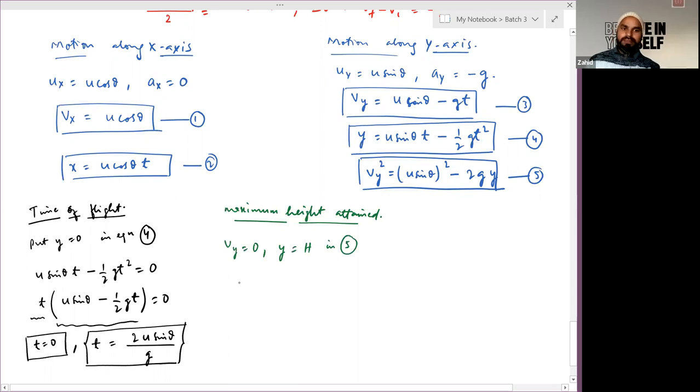You will get 0 equals u square sine square theta minus 2gh. On rearranging this expression, you will get h equal to u square sine square theta divided by 2 times gravity. So this will be maximum height attained by the body.